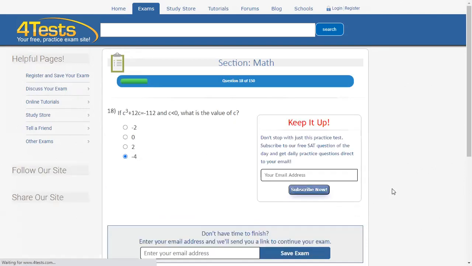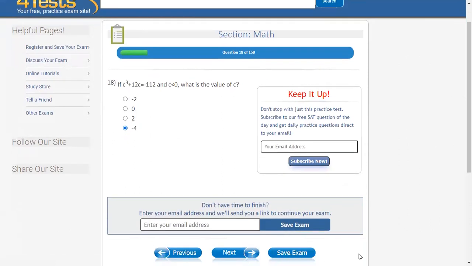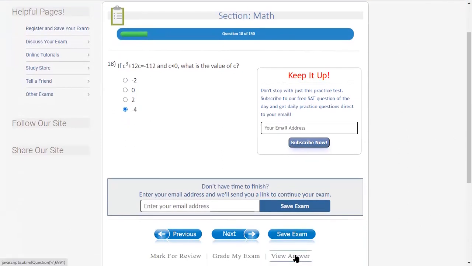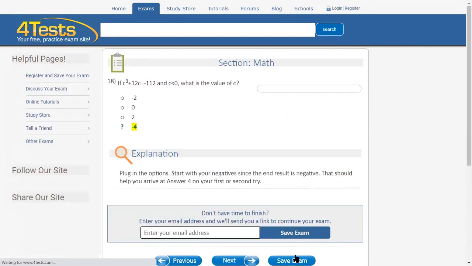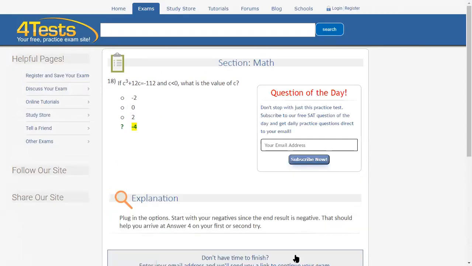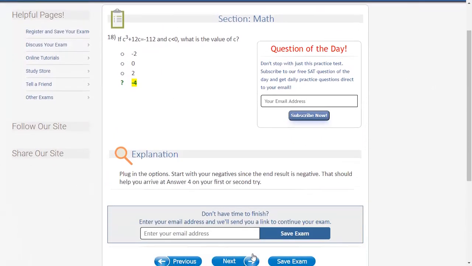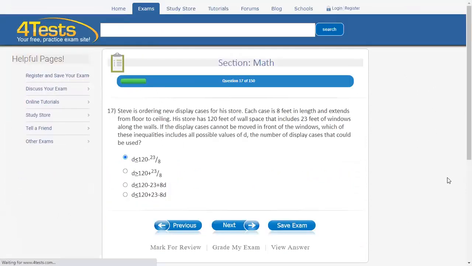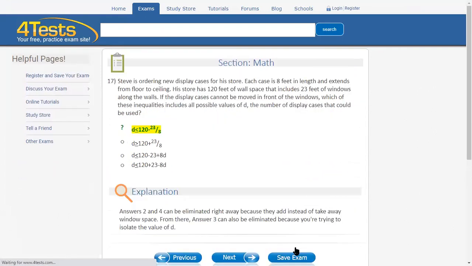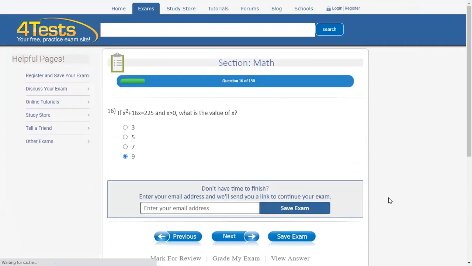We are moving to question number 18, and absolutely good, well done. So the previous one, the 17th question, good, well done. Once again, that's the required way.